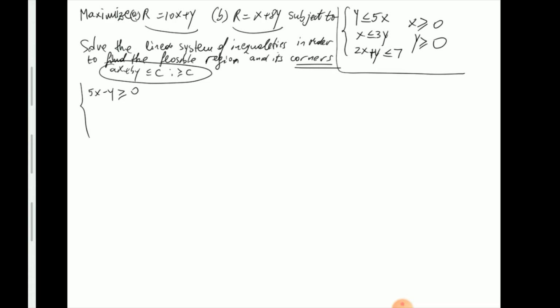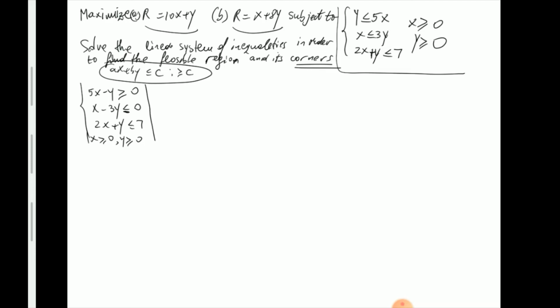That's one constraint. x minus 3y less than or equal to 0. And 2x plus y less than or equal to 7. And the positivity condition, you can just deal with it at the end by simply looking at the first quadrant. So you take into account x positive, y positive just by looking at the first quadrant and ignoring the rest when you look at the feasible region.